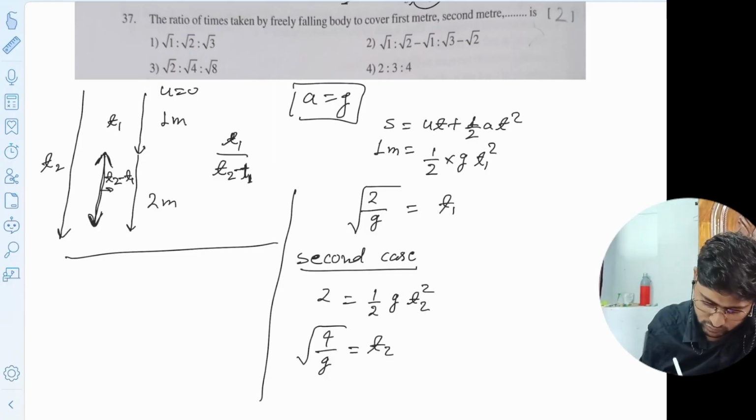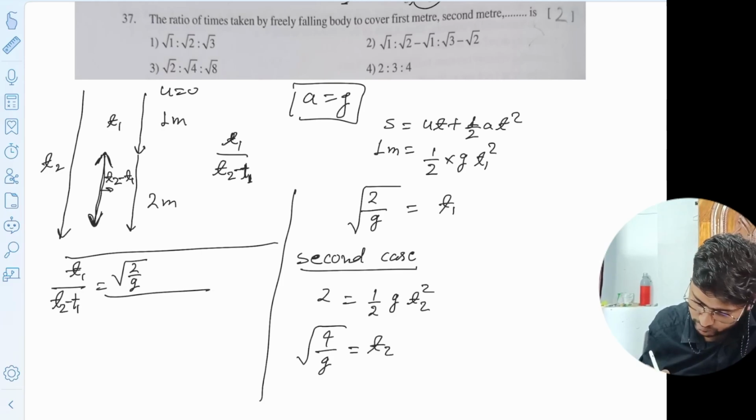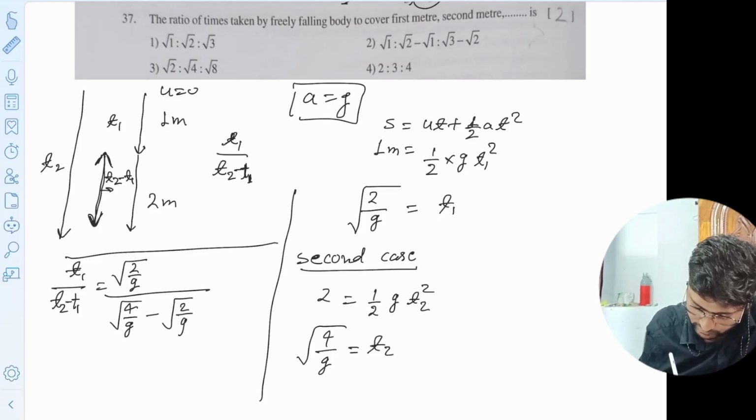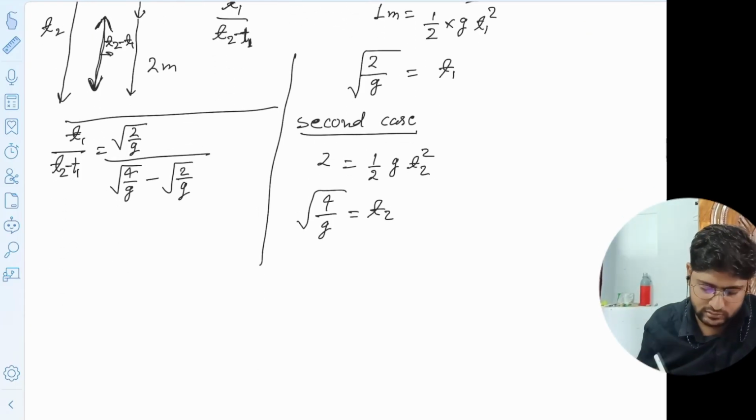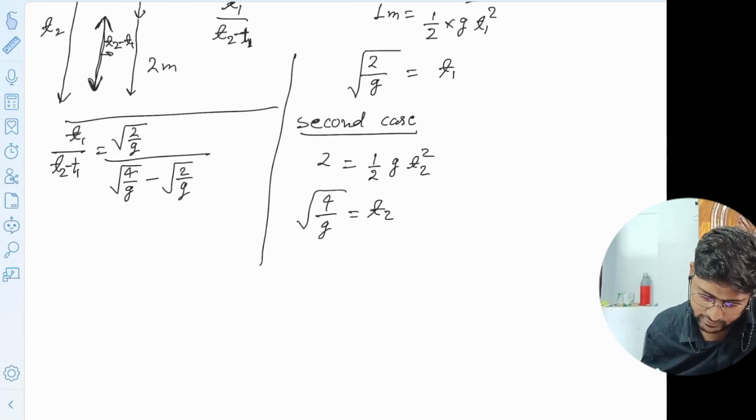So T1 equals root 2 by g, divided by T2 minus T1. T2 minus T1 is the square root of 4 by g minus root 2 by g.